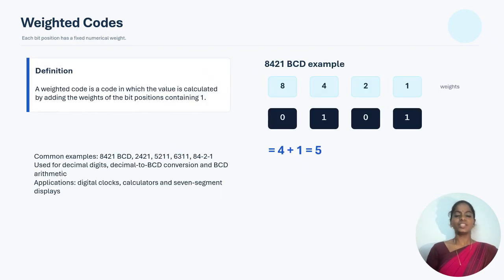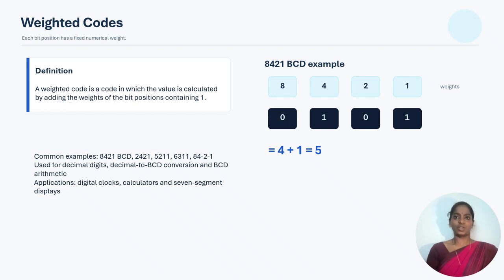Weighted codes. A weighted code is a binary code in which each bit position is assigned a fixed numerical weight. The value represented by a code word is found by adding the weights of all bit positions containing 1. For a 4-bit code, A3, A2, A1, A0 with weights W3, W2, W1, W0, the value N will be W3 times A3 plus W2 times A2 plus W1 times A1 plus W0 times A0.